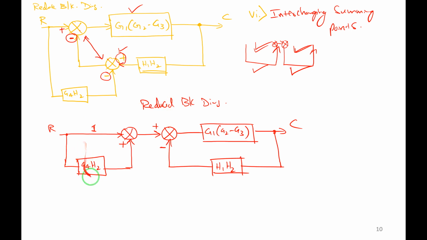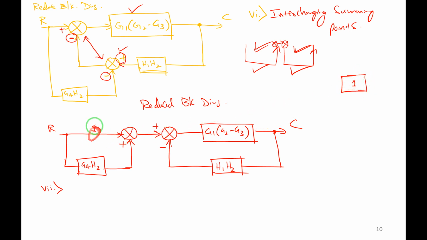Okay, just observe this 7th point. I will apply the rule. This block 1 and G4H2, these two blocks are in parallel, right? So instead of 1, I can write the block and mention it as 1, simply 1, right?